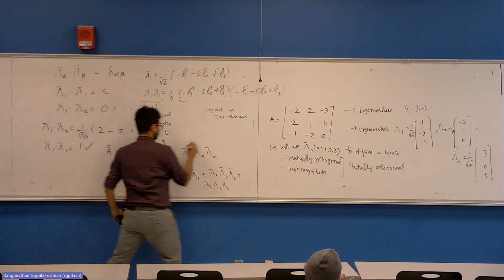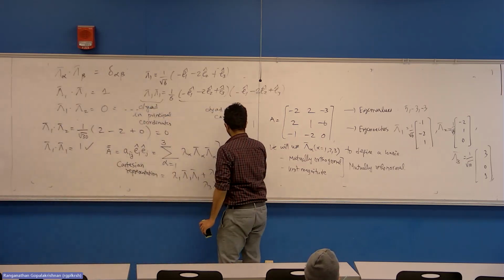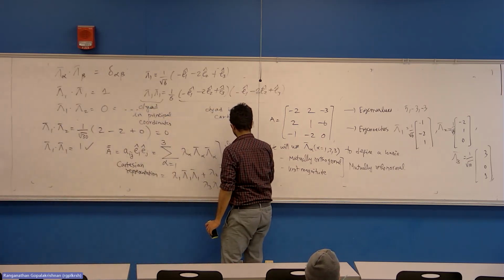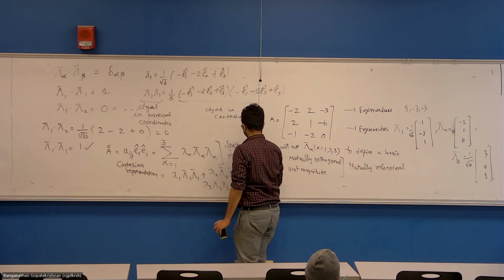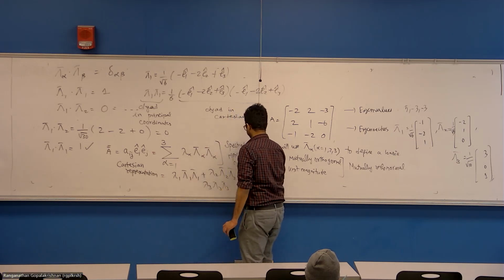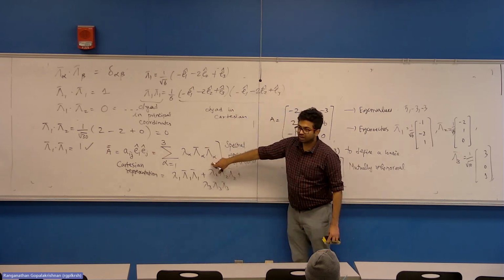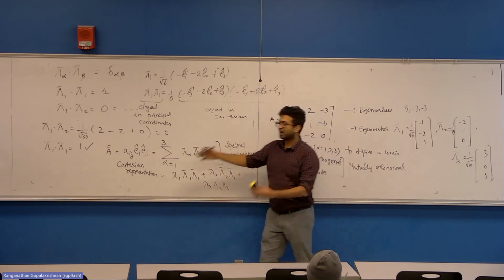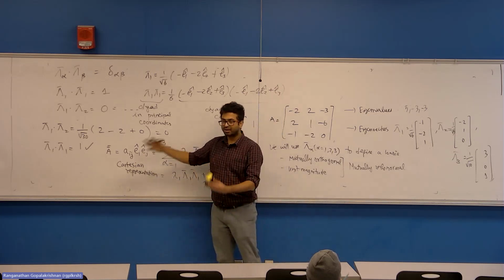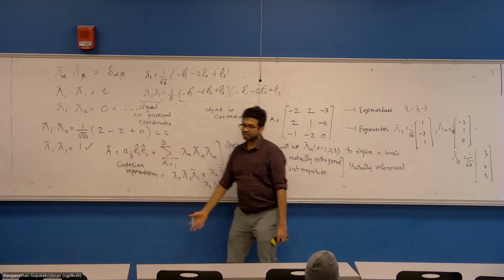This representation is called spectral representation of a tensor. That is, you are expressing the tensor in terms of its eigenvectors instead of some arbitrary, unphysical, unrelated coordinate system.